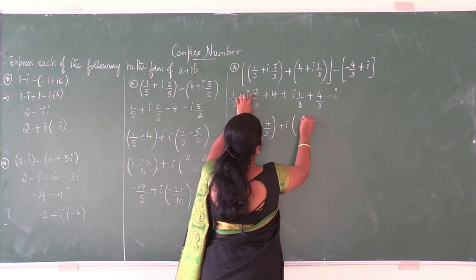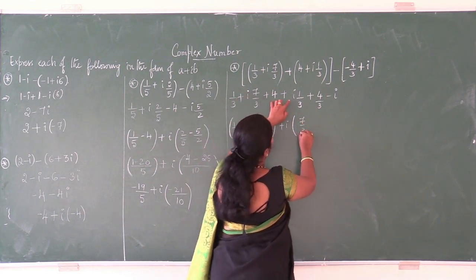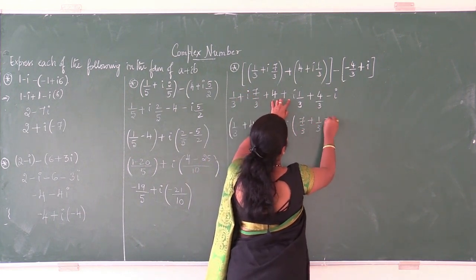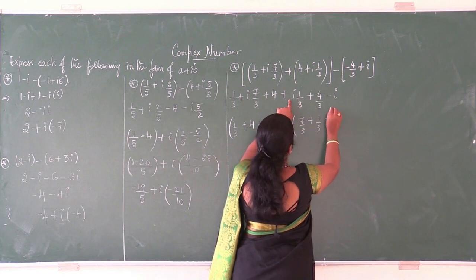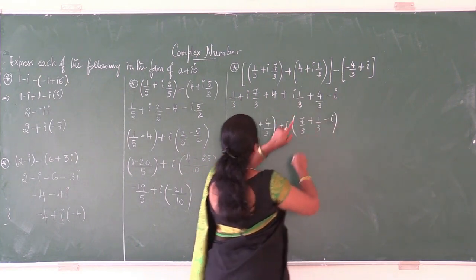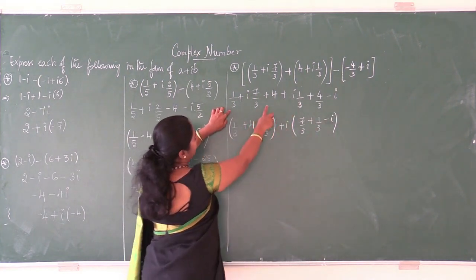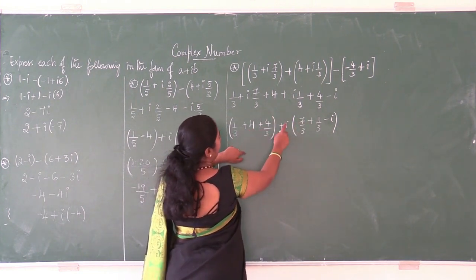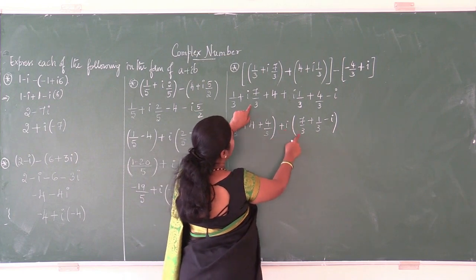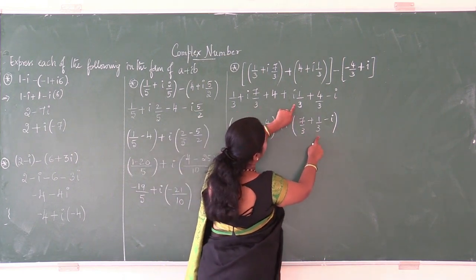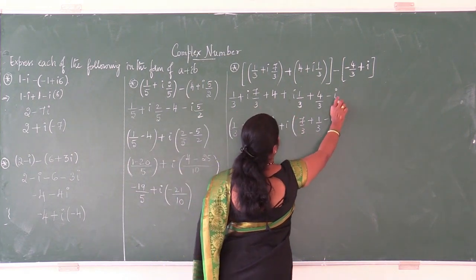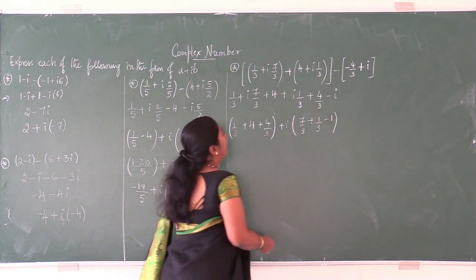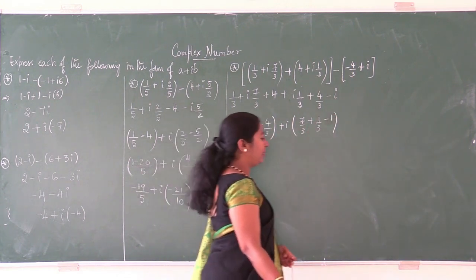What do I get? 7 by 3 plus 1 by 3 plus, minus i. So 1 by 3 plus 4 plus 4 by 3 is the real part. When I take out i as common, what is the imaginary part? 7 by 3 plus 1 by 3 minus 1. Minus 1.